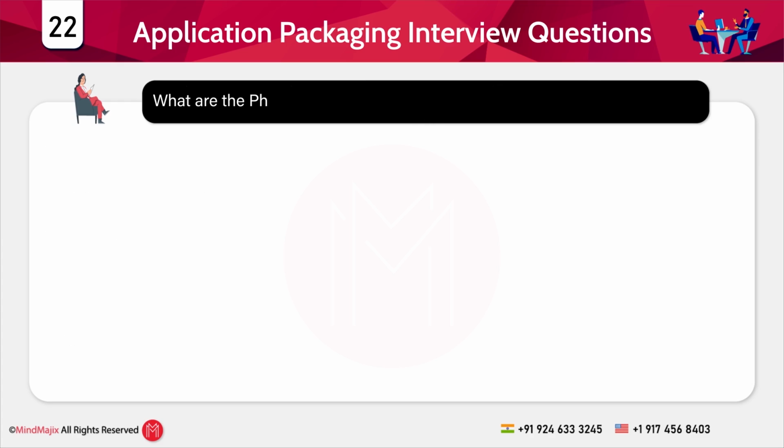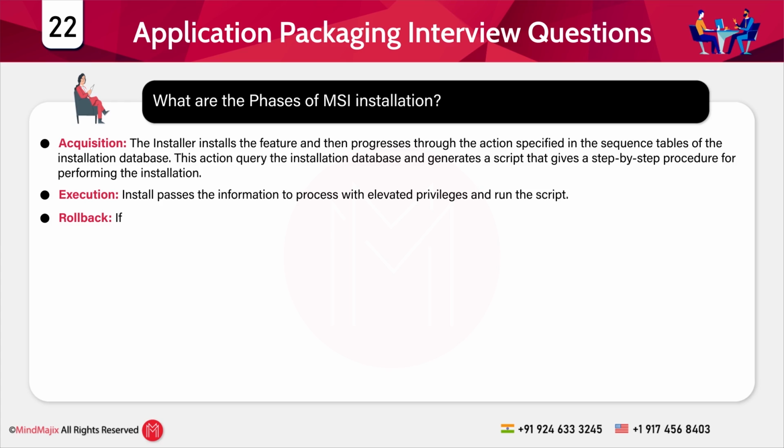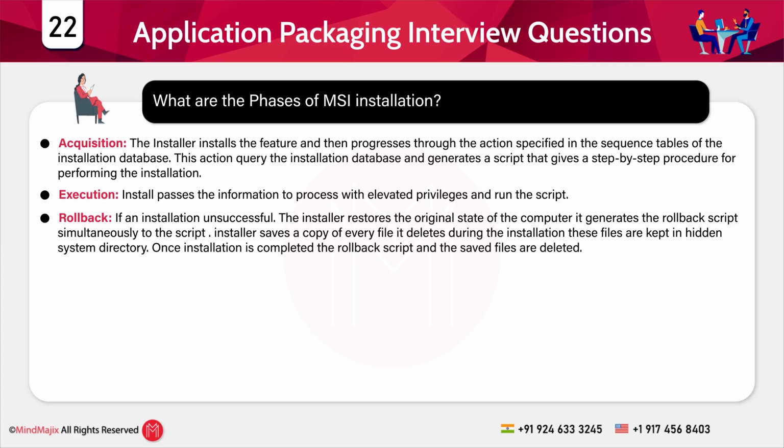What are the phases of MSI installation? Question number 22. There are three phases of MSI installation: acquisition, execution, and rollback. In acquisition, the installer installs the features and progresses through the actions specified in the sequence table of the installation database.